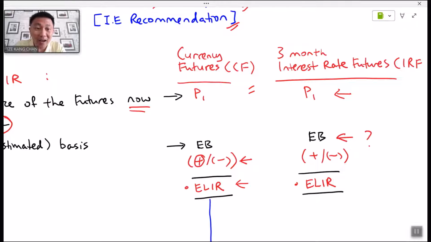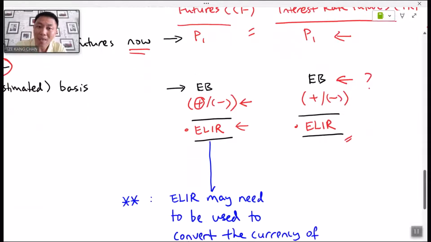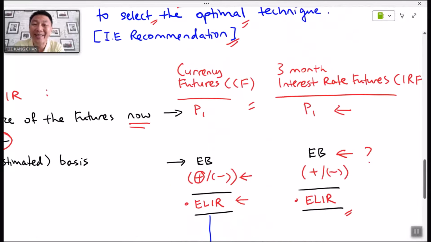The ELIR not only serves as a reflection of the estimated result of using a futures contract as a hedge, but it is also particularly useful for currency futures.